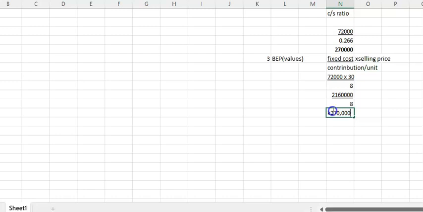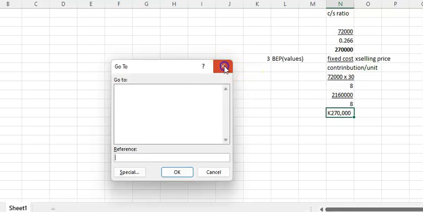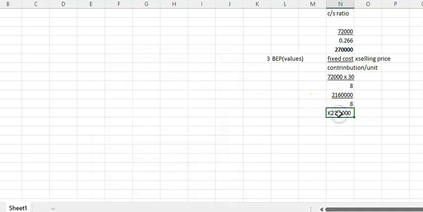So this is another way in which we can calculate the break-even point in value.